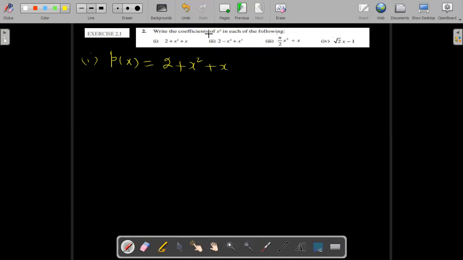What is the coefficient of x square? The coefficient is the number coming before x square. Here before x square there is no number, that means 1. We can write 1x square plus x. So the coefficient of x square in polynomial px is equal to 1.